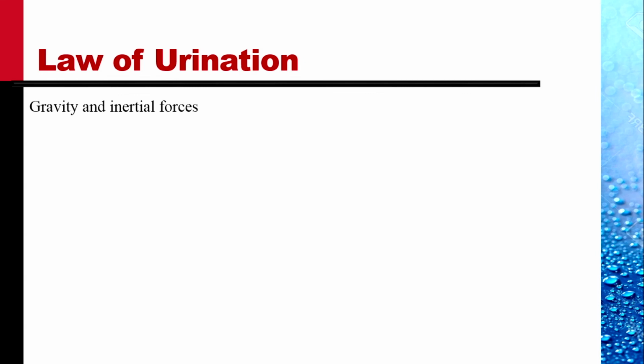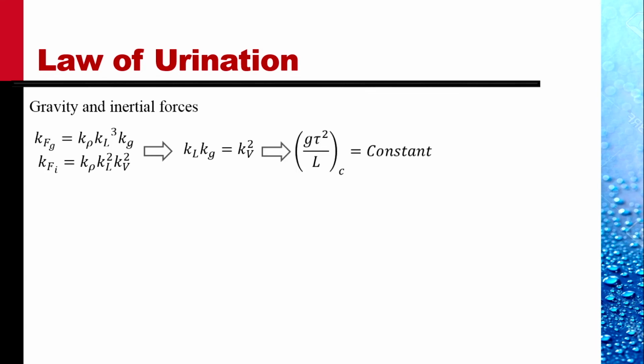Let's first look at the pair gravity and inertial forces. The scale factor of gravity force is like the scale factor of mass times the scale factor for g, acceleration due to gravity. So that's like K rho KL cubed Kg. For the inertial forces, we have determined a very large number of times it is K rho KL squared KV squared. So if these are the two forces of concern, then KL Kg should be like KV squared. KV squared would be like KL squared divided by KT squared.